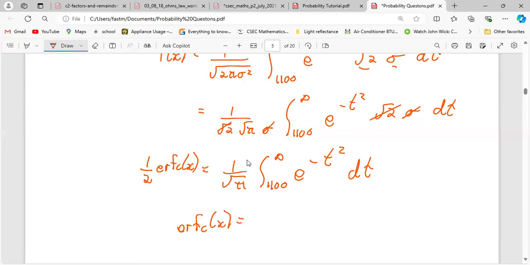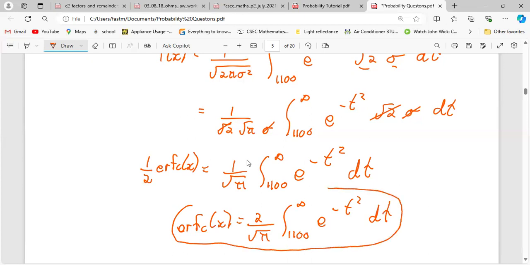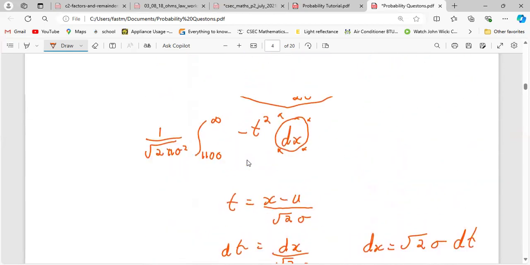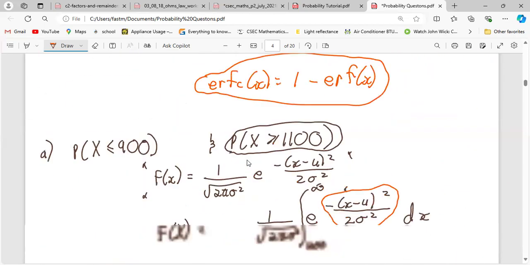When you multiply by 2, you get 2 on the square root of pi, and this e to the minus t squared dt. All right, and this will be it. Okay, that is the end of that question. So that would be the answer for that.